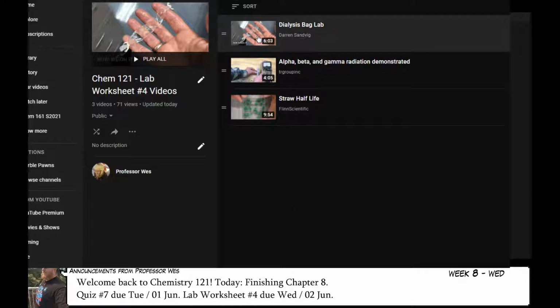The first one is for the dialysis part of the experiment. Dialysis is something that is very important in the medical profession. If you are working with people who have kidney issues, you often have to do blood dialysis, which is the removal of solutes. Normally, the kidneys are supposed to do that for you.